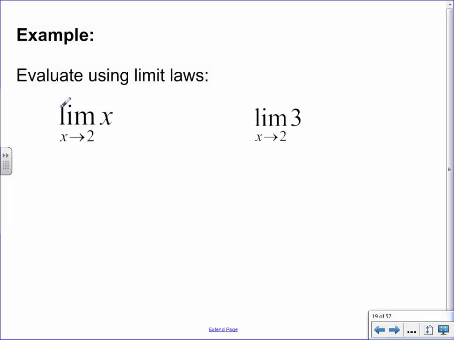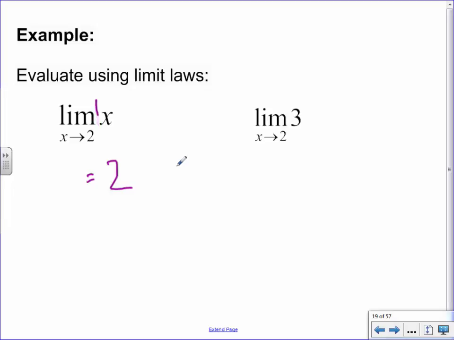Basically what this notation means is, let's see what happens as x gets close to 2. Unless you have a reason not to plug in the number 2, just plug in the number 2. So literally the answer to this is 2. That's all there is to it. If you want to consider this, there is like a 1 in front of it.